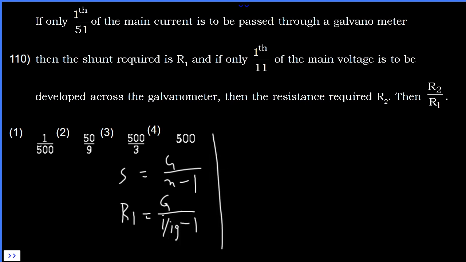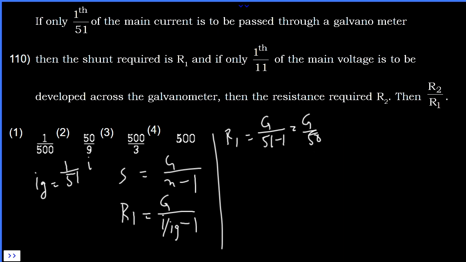So from this we get R1 is equal to G by..., as 1 by 51 of the main current is passing through the galvanometer, that is Ig is equal to 1 by 51 of I. We get I by Ig value is 51. So this is 51 minus 1, which is equal to G by 50.